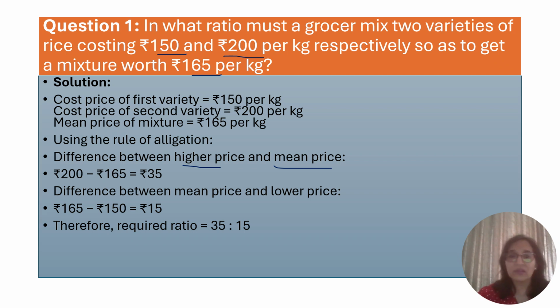So you will get the required ratio. Please understand, to find the required ratio, these are certain rules of alligation which you have to implement. After simplifying, that means you need to reduce it to the lowest terms, you will get your final answer as 7:3.